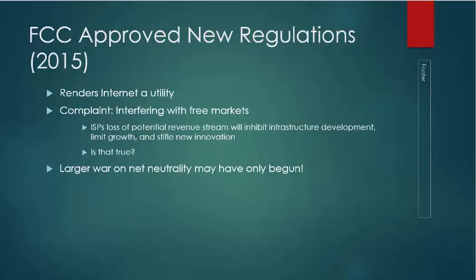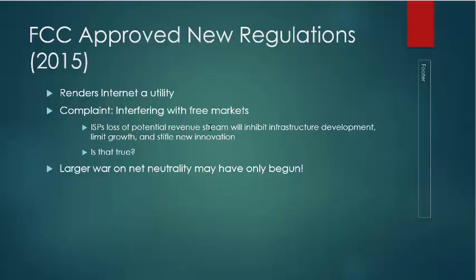And so from a federal government perspective, the FCC approved new regulations in 2015. So they render the internet as a utility. And so the problem is that the internet service providers are then saying that this is cutting back on their potential revenue that they could get.